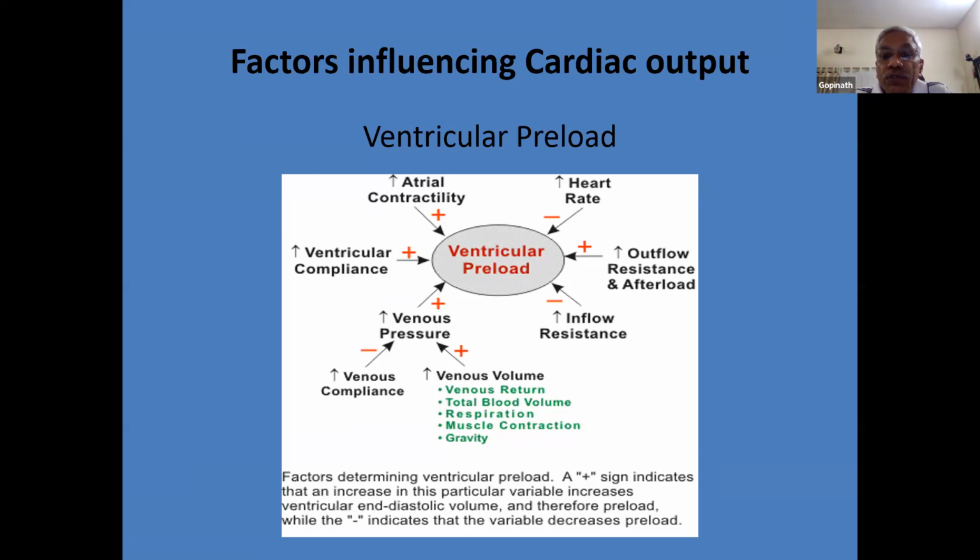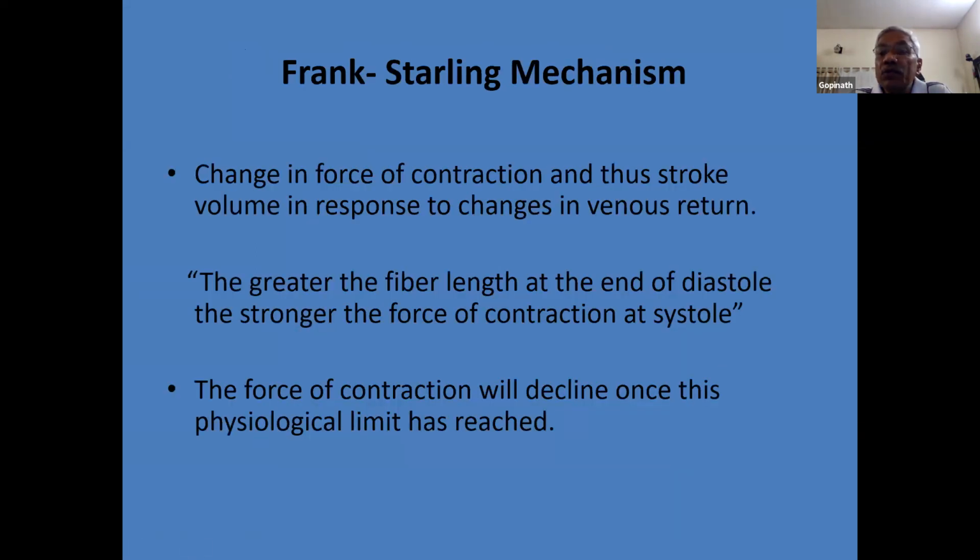The preload reduces if there is inflow resistance, if there is anything stopping flow from coming in, or if the venous compartment dilates, or if you have an increased heart rate where the diastolic time is lesser for filling of the ventricle. So the basis of cardiac output measurement or the use is based on the Frank-Starling mechanism, which is the initial fiber length of the myocardial muscle.